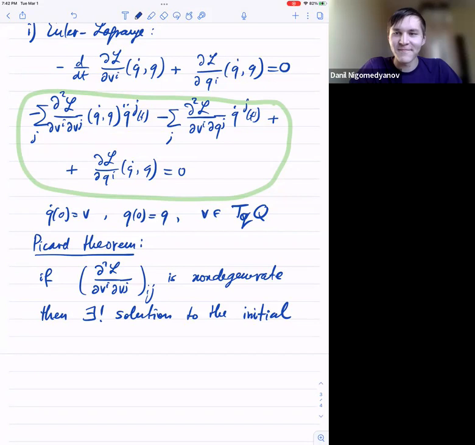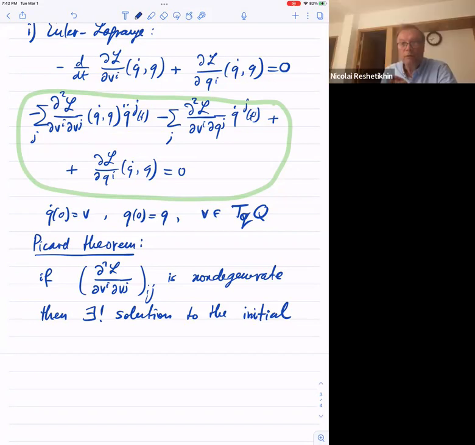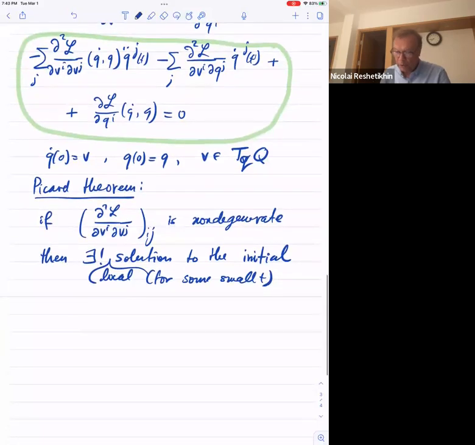Okay. It's the usual Picard theorem. If you have a second order differential equation, really second order, then there is a unique local solution to the initial value problem. Local means for small t. Whether the global solution exists or not, this is the main question in dynamical systems, but locally it will exist if this matrix is non-degenerate.